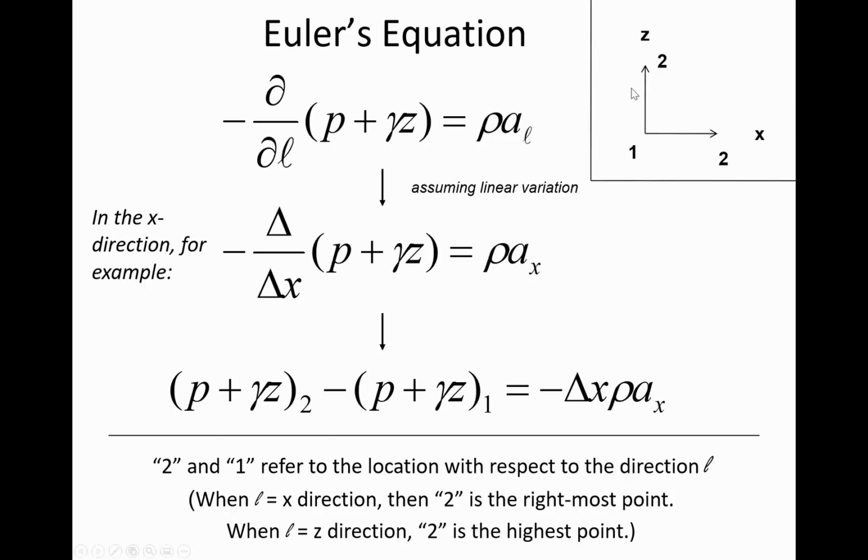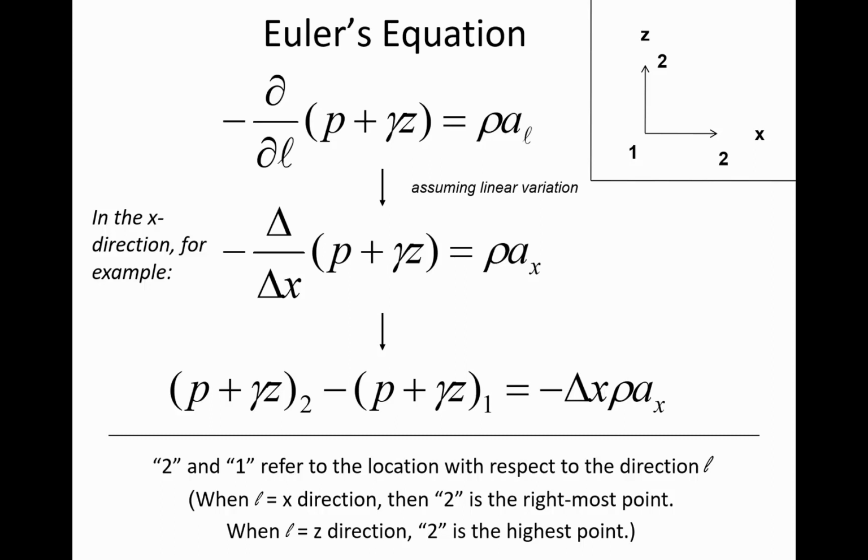So I've sketched out here just to indicate that the most x is 2, the least x is 1, and of 2 points, whichever has the most vertical elevation is 2, and which has the least vertical elevation is location 1. So we only apply the Euler's equation in one direction at a time.